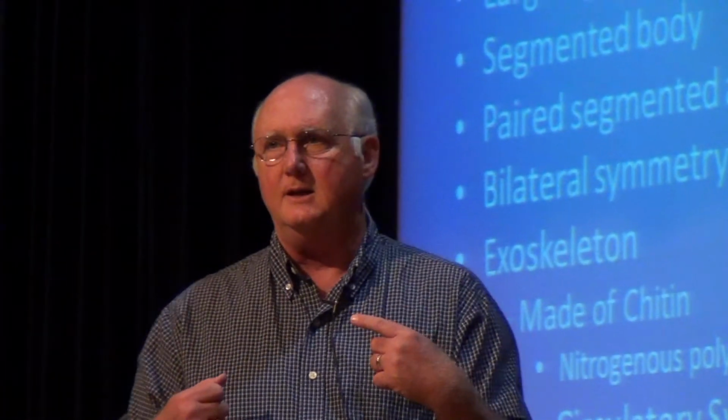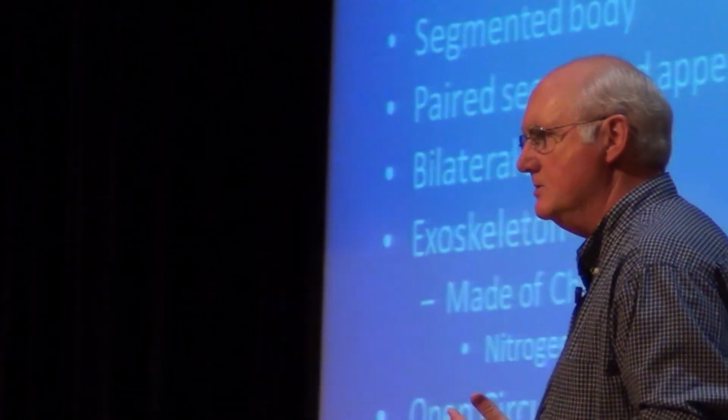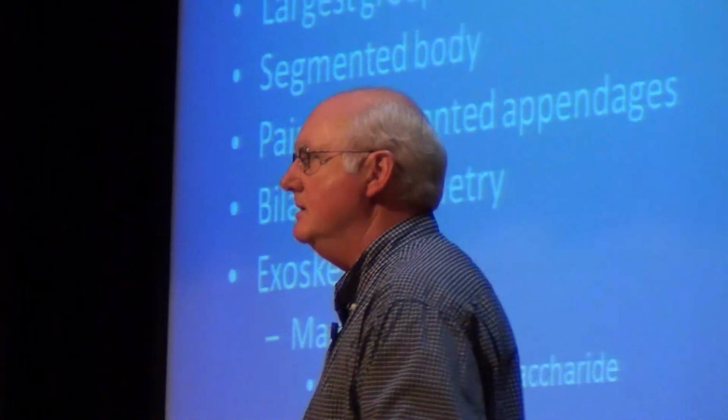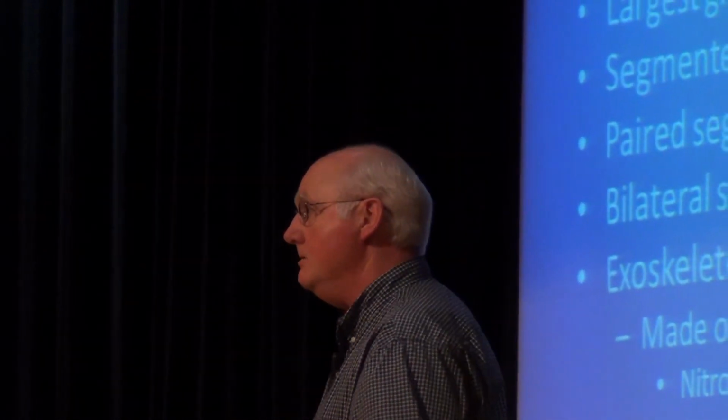Okay? And now I said they don't have blood vessels per se, and they don't have a system like we do in terms of lungs. So how do they get oxygen to all the tissues? And also, how do they get rid of carbon dioxide from the tissues? Anybody know?